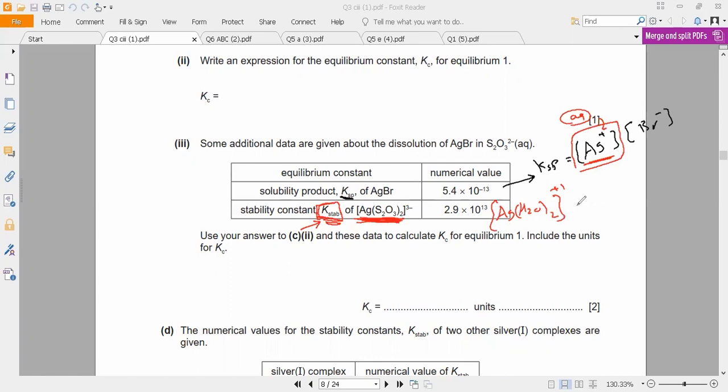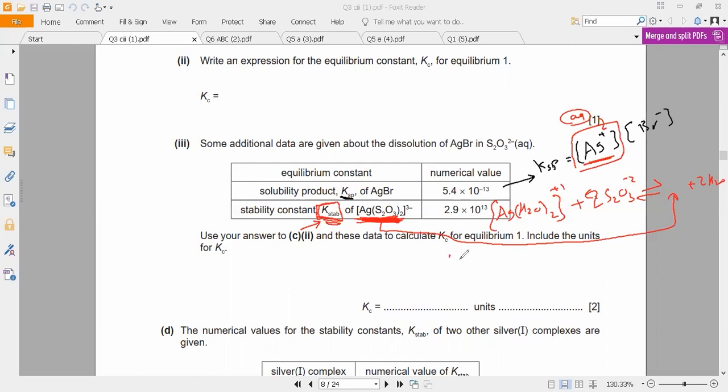This one was found in water. To it, we are adding what? S2O3 2-. And then we will get this complex in here, plus 2 water molecules. Okay? This is, guys, how the Kstab reaction is written.